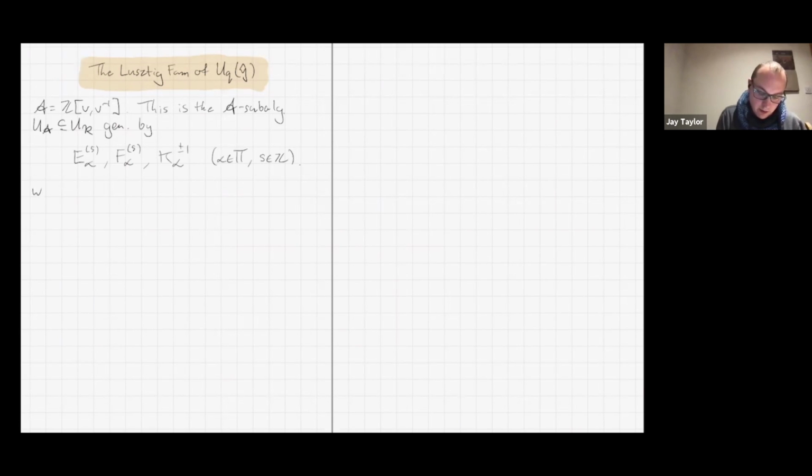These are the divided powers. This is really an exact analogy with what we've seen for algebraic groups.